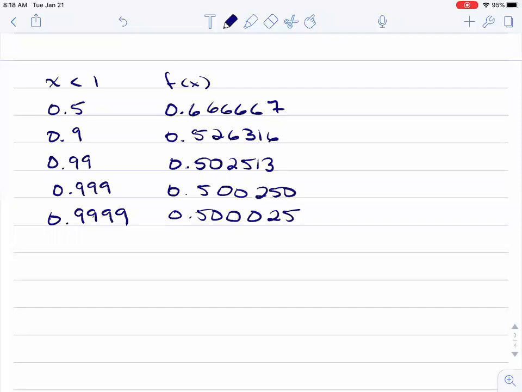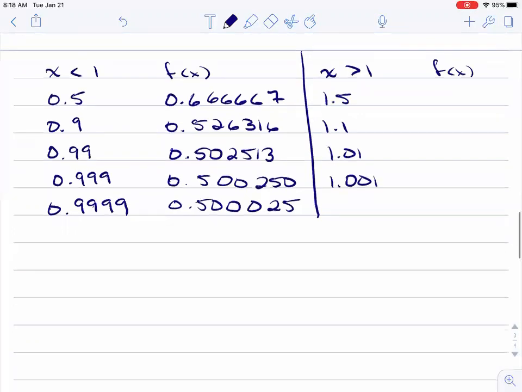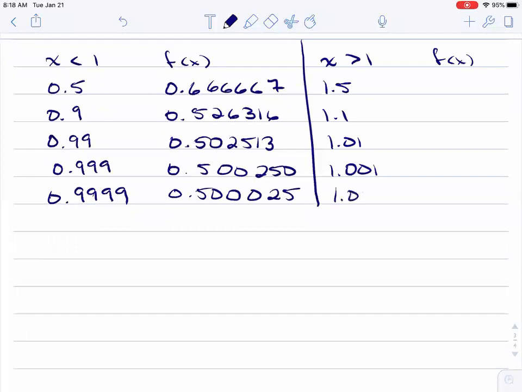But if we look at x greater than 1, and close to 1, we've got f(x) on the other end. We can evaluate it. We're looking at 1.5, 1.1, 1.01, 1.001, 1.0001. We're going to see the same behavior.